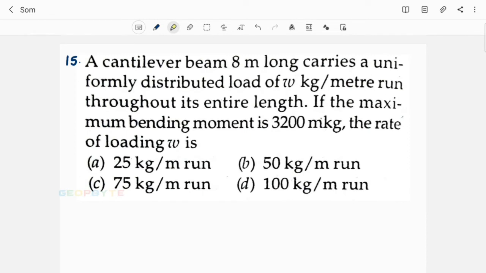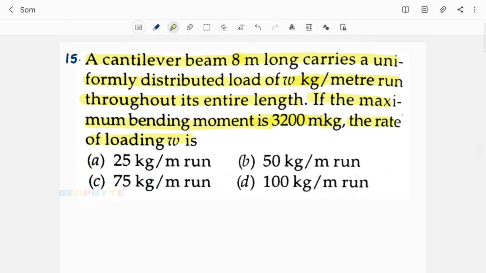Look at the next problem. A cantilever beam 8 meters long carries a uniformly distributed load W kg per meter run throughout its length. If the maximum bending moment is 3200 kg meter, then the rate of loading is.